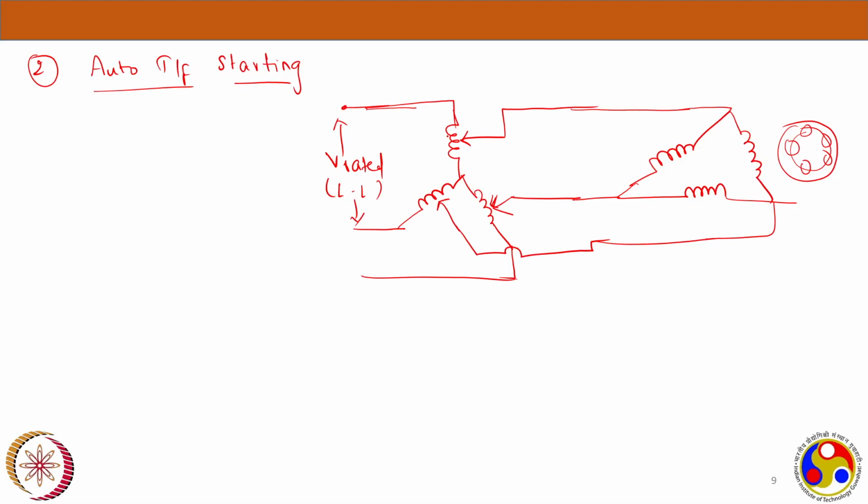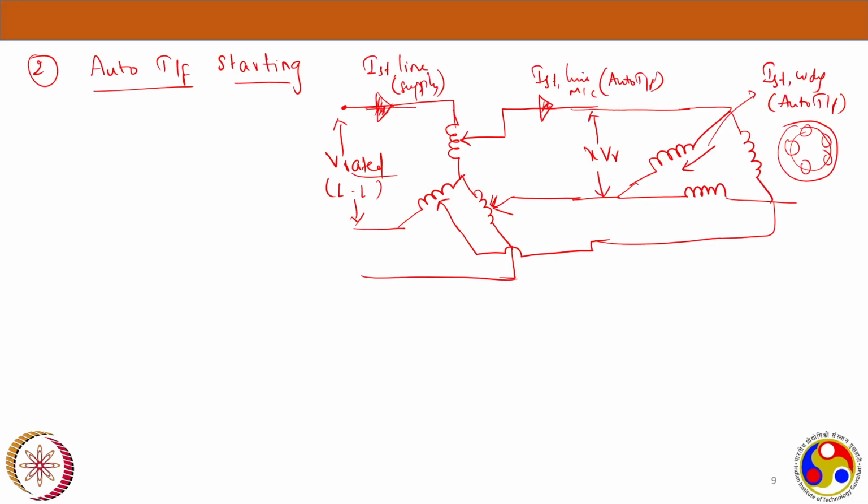And the current flowing through this would be I starting, sorry, phase current, the starting winding current due to this auto transformer starting. Now we are interested in calculating the starting currents. This is the voltage rated, line to line, that we have given.